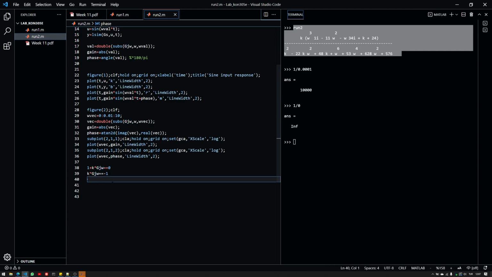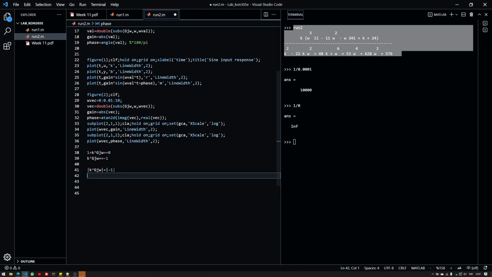So yeah, let's look, for example, for the magnitude of this line 39. So the magnitude of the line 39 would be equal to the magnitude of -1. So, of course, this is 1.